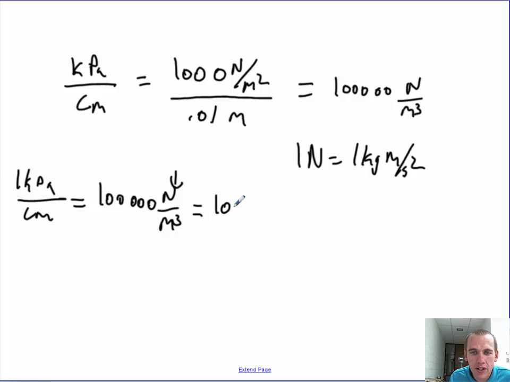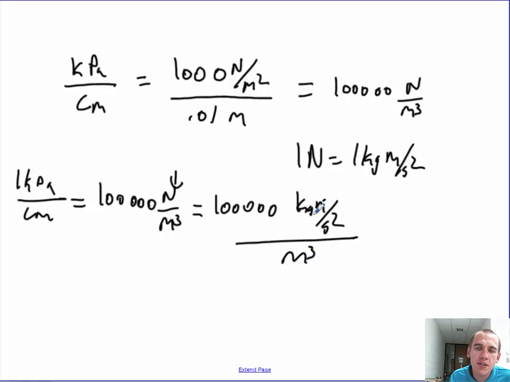So this is 100,000 kilogram meters per second squared per meter cubed. This meter cancels one of these, so we're left with a square. So I have 100,000 kilograms per meter squared second squared.